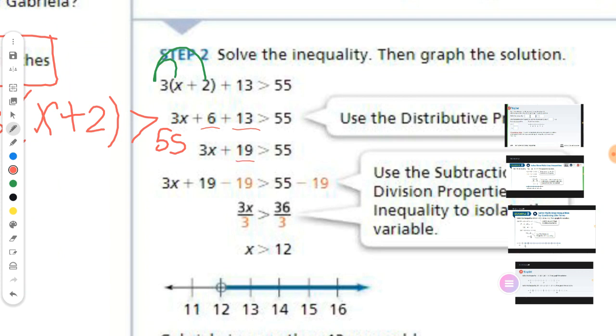Then use two-step inequality to solve it. Minus 19 from both sides. It will remain 0 on the left hand side; the remaining is 3x, and on the right hand side it will be 36. Divide by 3 on both sides. Second step, it will give you x greater than 12. So we can start an open circle from 12 and go to the right hand side because it's greater, and greater is right.